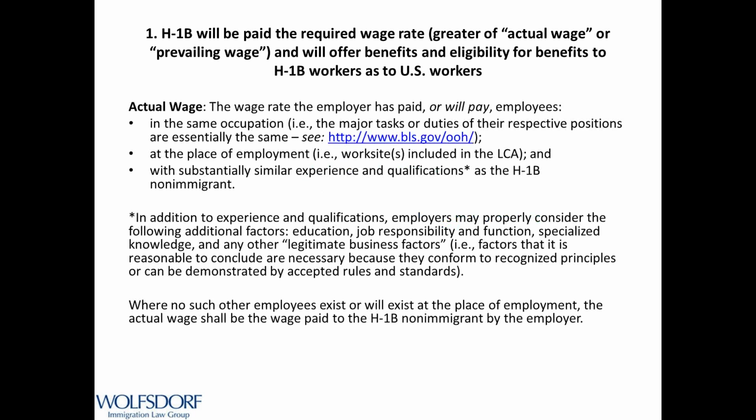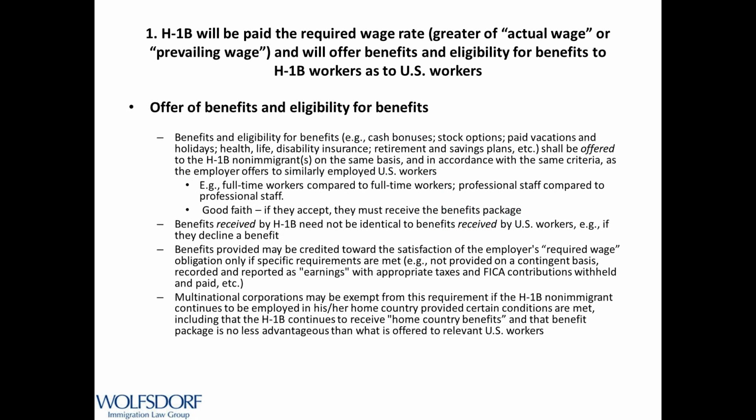And the next part about this is this one attestation that's key is to offer benefits and eligibility for benefits to the H-1B worker, as you do for the similarly situated workers in the U.S. So, for example, the benefits such as disability insurance or retirement savings plans, number of vacation and holidays, health insurance, life insurance, etc., bonuses, those packages need to be offered to the H-1B on the same basis and in the same way as they're offered to the U.S. workers.